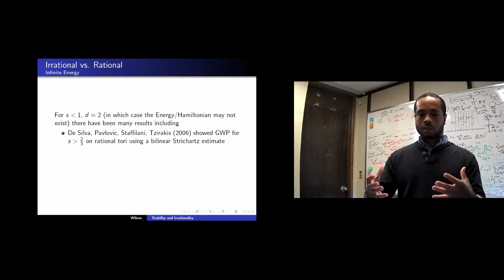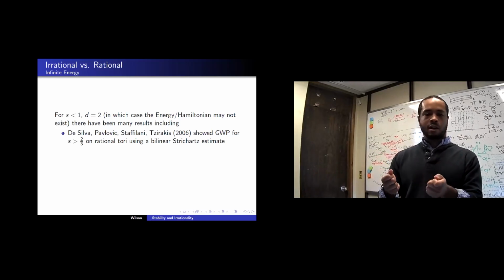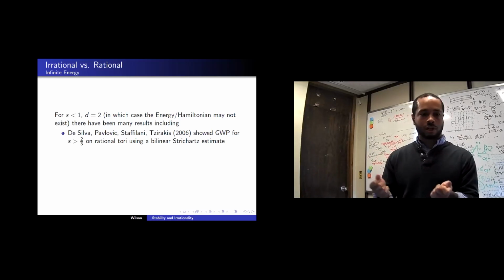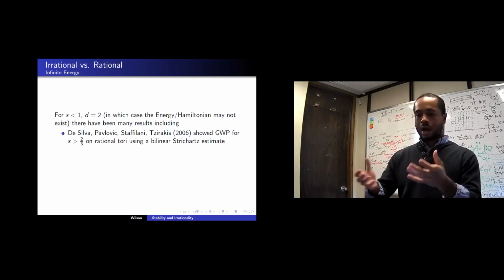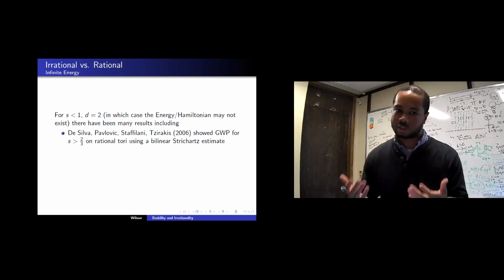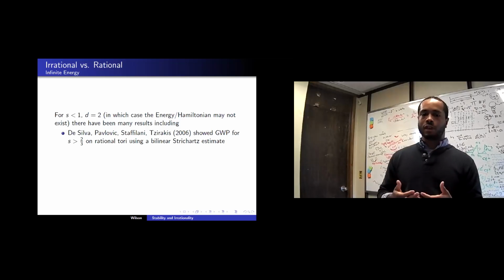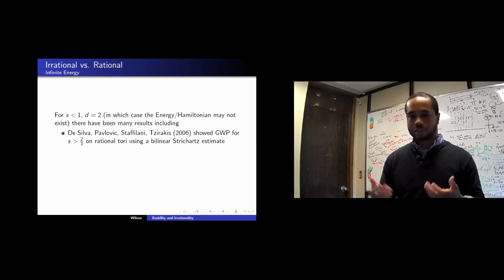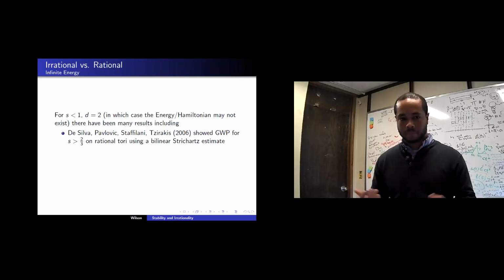This is all well and good. What if you just simply have a weakly defined solution to the nonlinear Schrodinger equation with no energy that allows it to have nice dynamical properties, very simple local well-posedness and things like this? Do you still have, in some sense, a unique existence of solutions for all time?